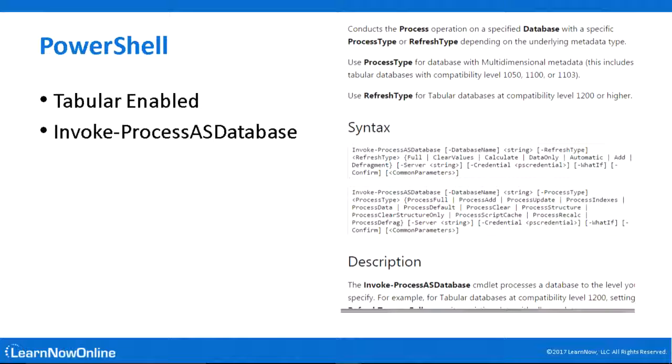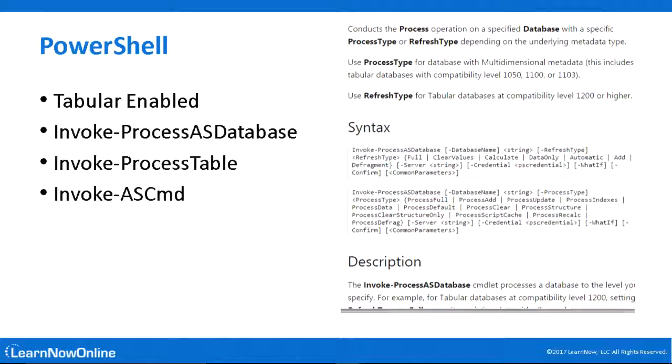The process type property is for metadata, like tabular databases in compatibility 1050, 1100, 1103. You can limit the processing to just a table by invoking Process-Table. So for instance, your dimension tables might not change, but your fact table does. So your automation with your PowerShell script can invoke process table with a specific table name like FactInternetSales, and only that will be processed.